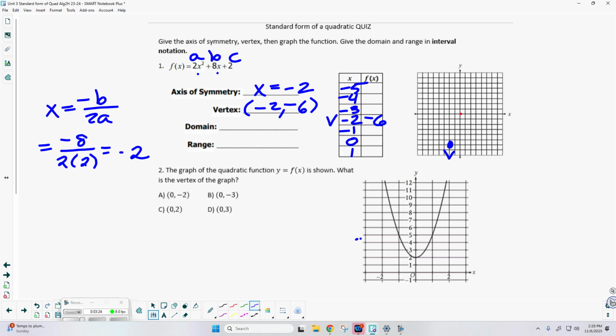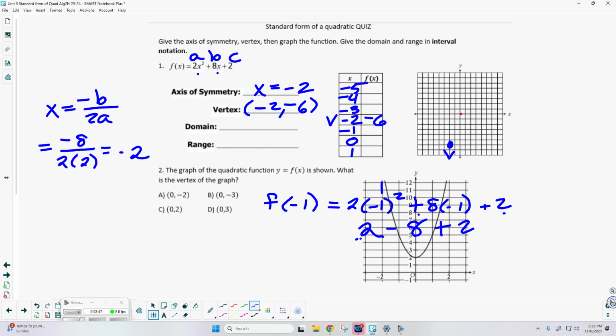Let's plug in -1. So f of -1 is 2 times -1 squared, plus 8 times -1, and then plus 2. -1 squared is 1, times 2 gives me 2, minus 8, and then plus 2.